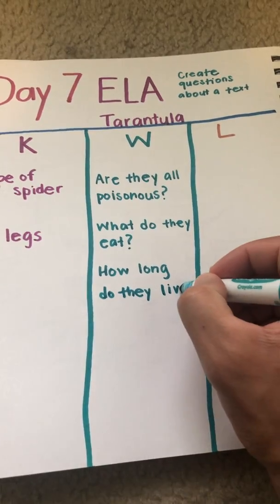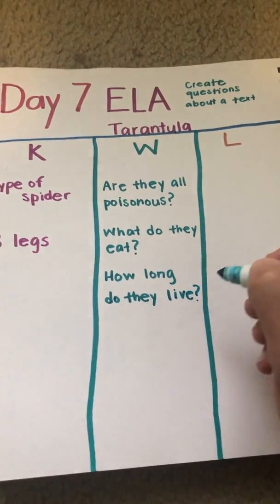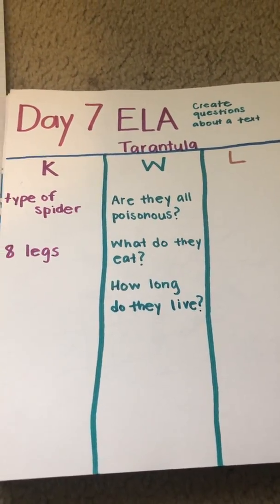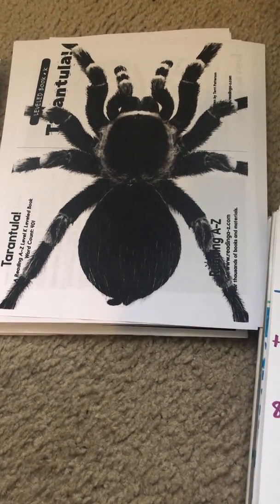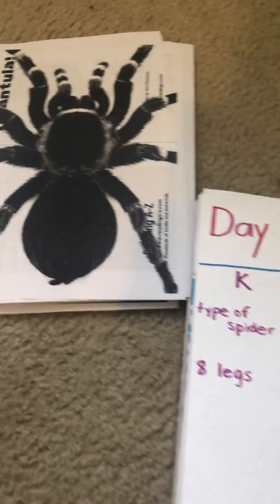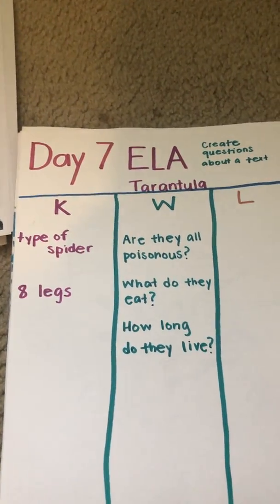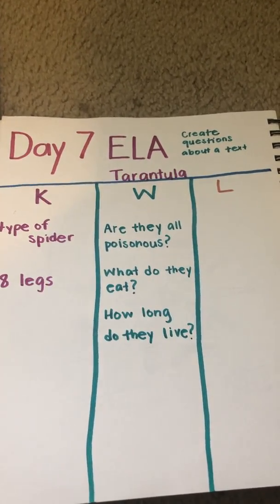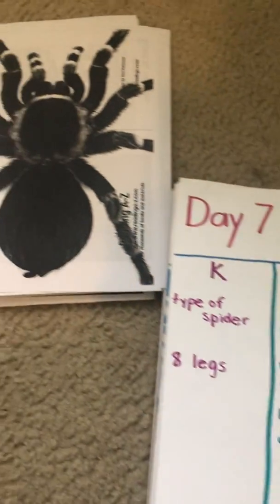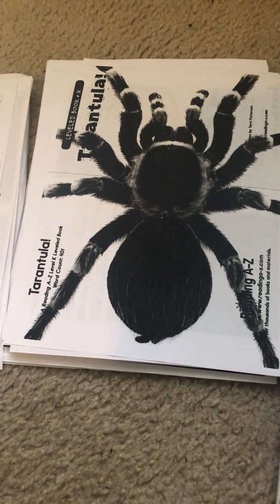When I have these questions created, it helps me focus when I'm going back and reading my actual text. I'm not just reading words anymore, but now I'm acting more as a detective, looking for clues, looking for answers, looking for that treasure. These questions help me focus when I'm doing my actual reading.